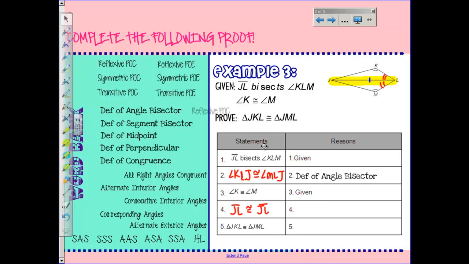So I'm going to plug in that reflexive property. I'm going to label my picture with an angle and a side. Angle, side, and that should be the property that you choose.